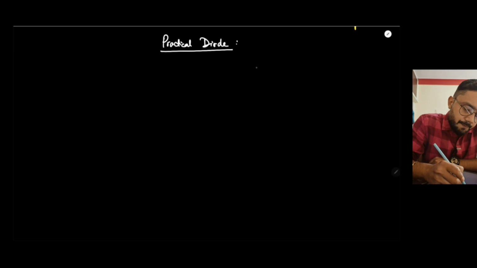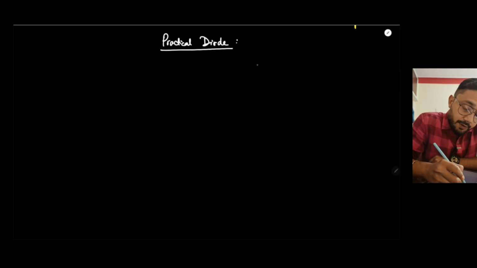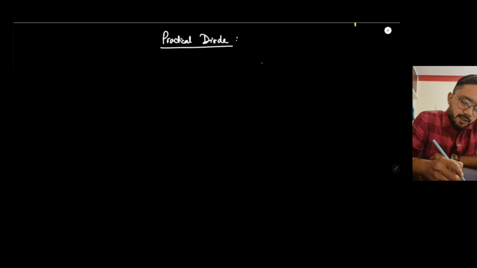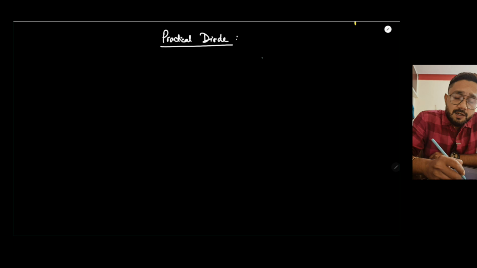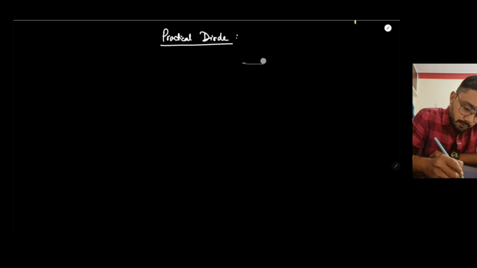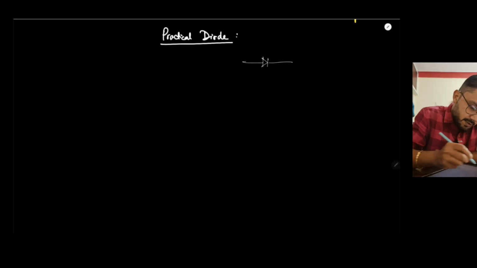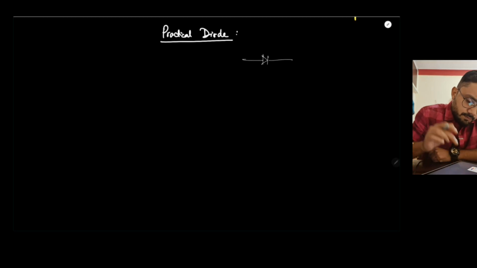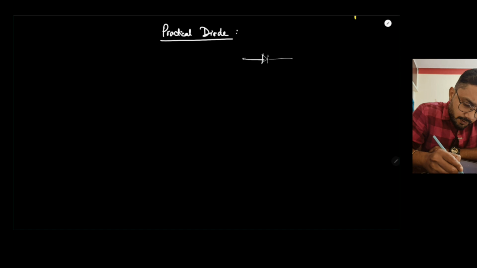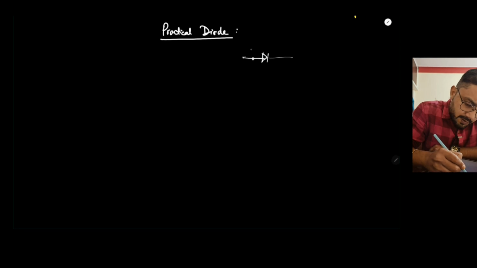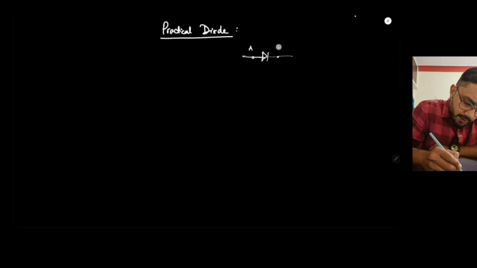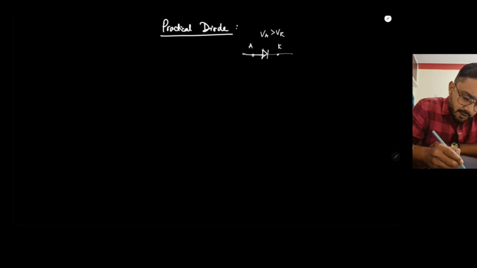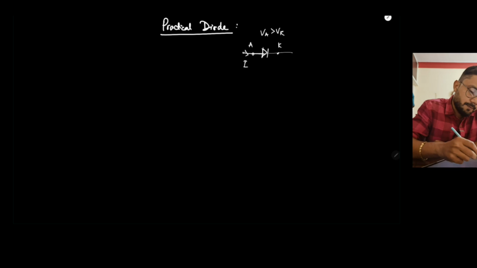Now we saw that when the diode conducts, that is when the anode voltage is greater than the cathode voltage, the diode starts conducting, meaning that it allows the current to flow. So if this is a diode, and the anode voltage is greater than the cathode voltage, it will allow the current to flow.